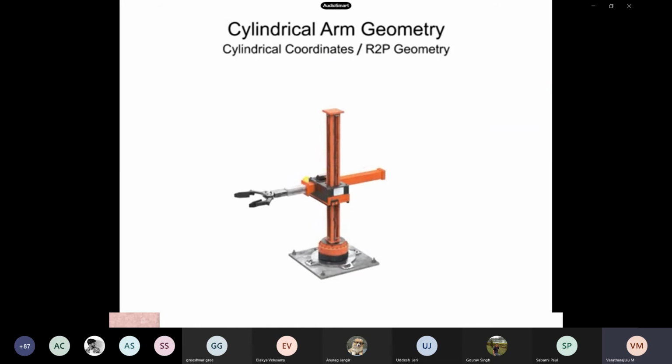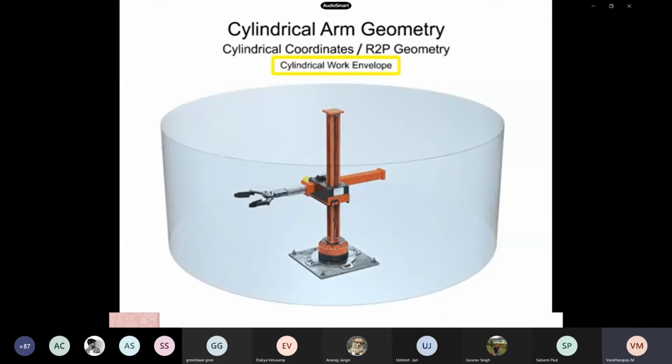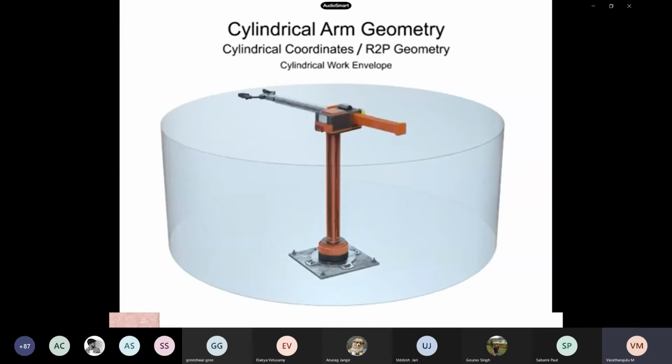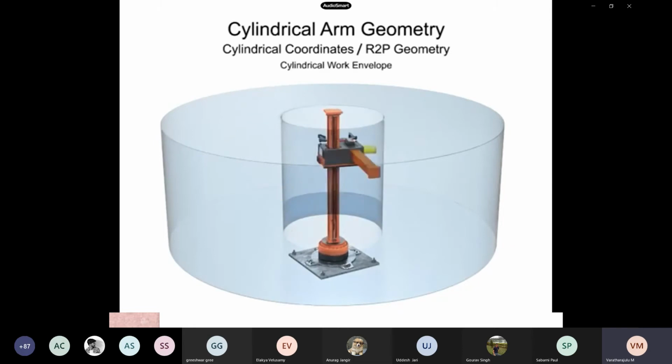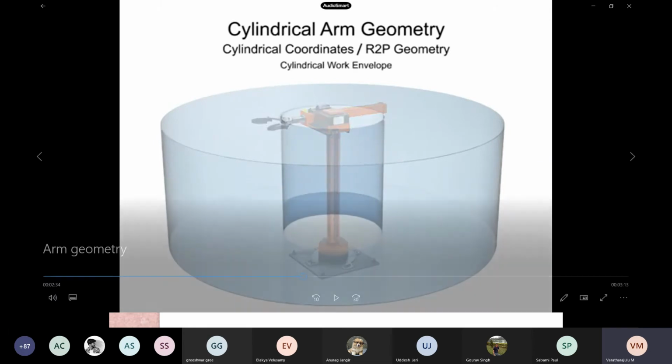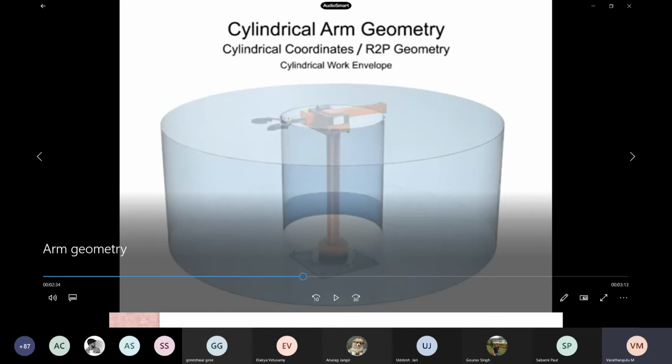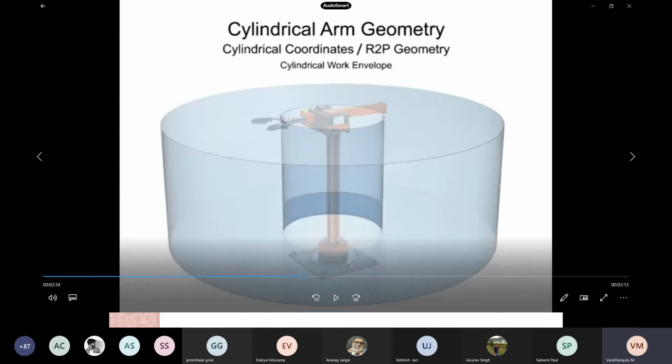Cylindrical geometry robots have a cylindrical work envelope. The advantage of this type of work envelope is a robotic arm reach that is deep at both the top and bottom of the stroke. Concerning the largest possible dimension and the shortest possible dimension, in both ways we are getting a cylindrical work envelope.